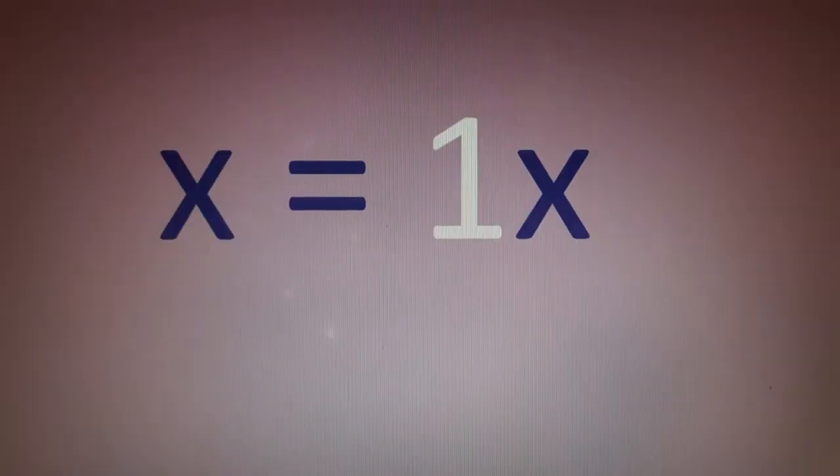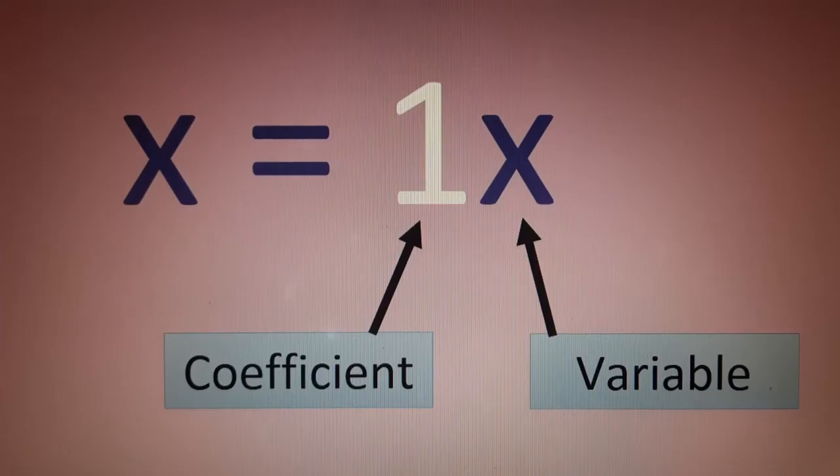Now look at this example. You are given x as an algebraic term. You have to identify its coefficient and variable. Then you should know x means 1x. Then its coefficient is 1 and the variable is x.